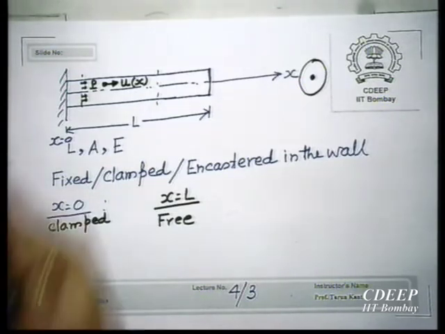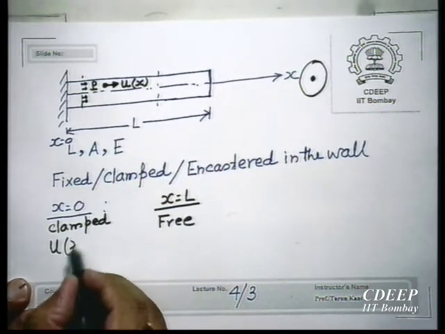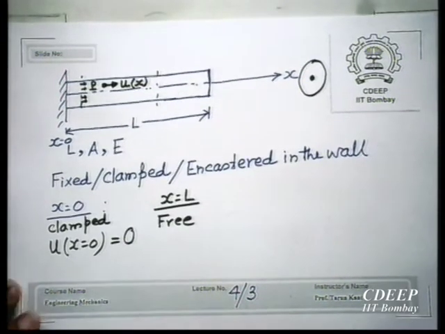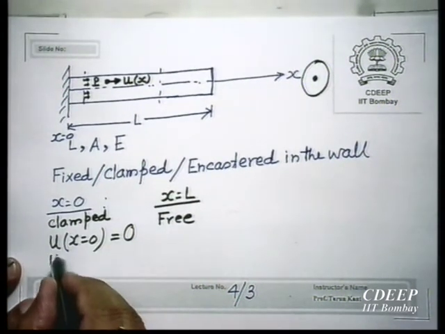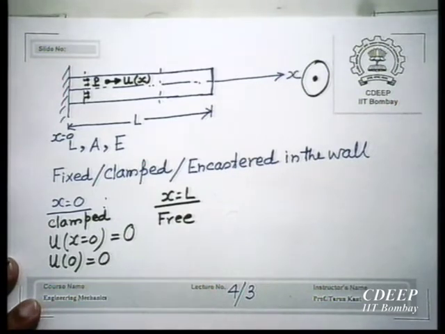Here we will say clamping means u at x equal to 0 is 0. You are fixing it, not allowing that end to move in the x direction. So we write it like this, u(x = 0), or simply u(0) equal to 0; both mean the same thing, because the value of x is 0.